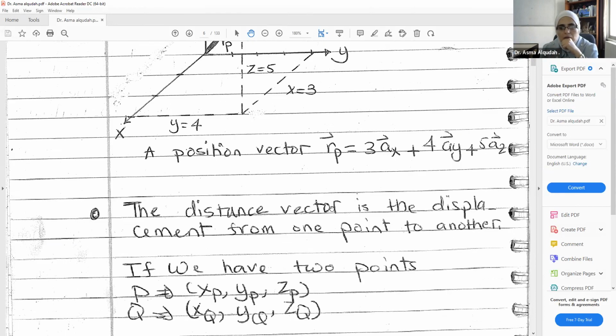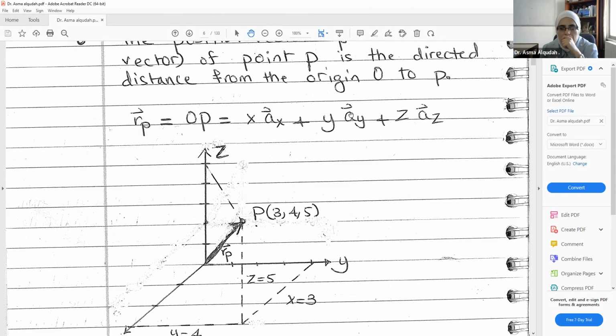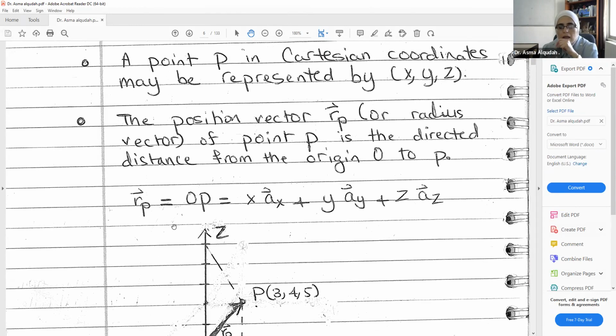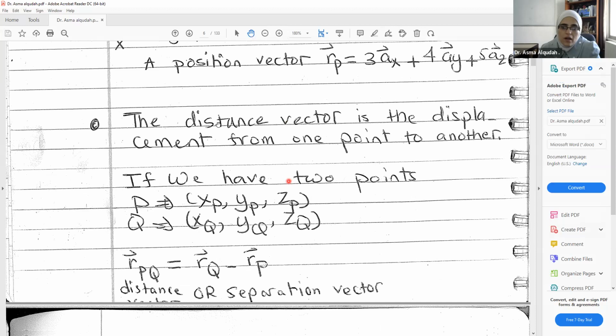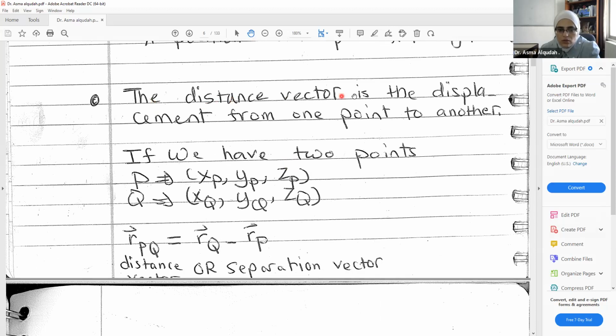So we talked about the position vector. And I mentioned that the position vector is always a vector that starts at the origin and ends at the point. So this is the position vector, and then we have defined the distance vector or the displacement vector.